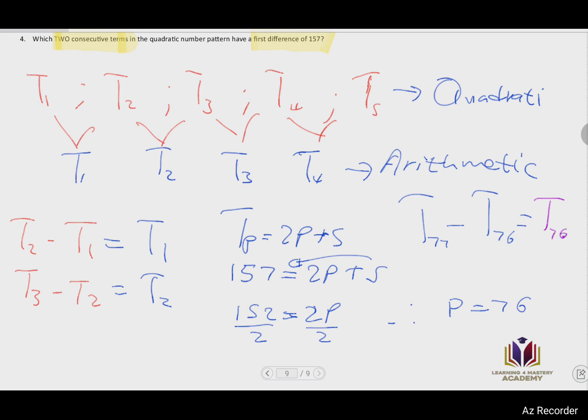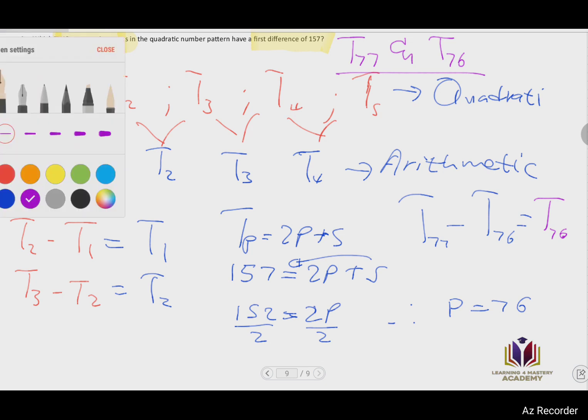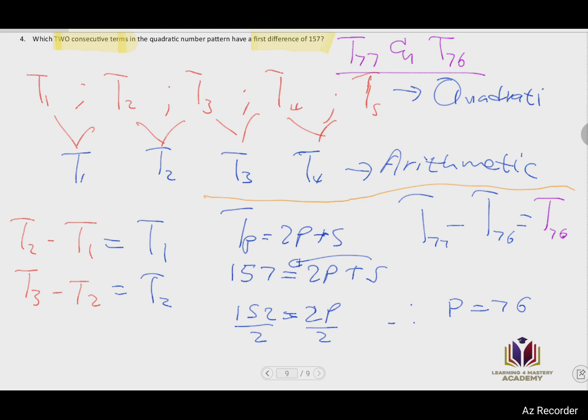Does it make sense? So when they ask which two consecutive terms in the quadratic pattern have a first difference of 157, the answer is T77 and T76. There we go. However, you don't have to include everything I've done here. You can just include this section.